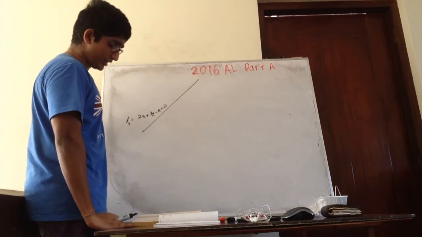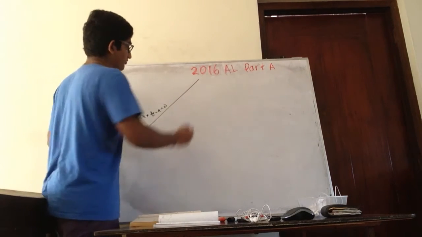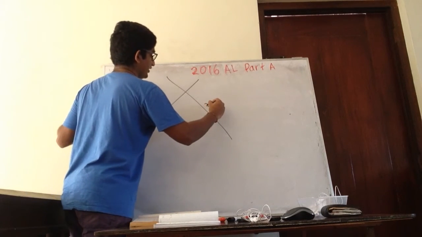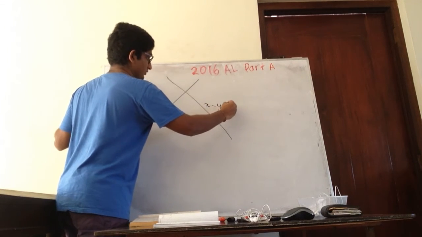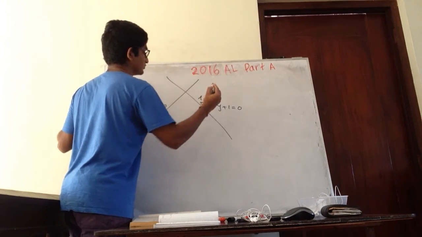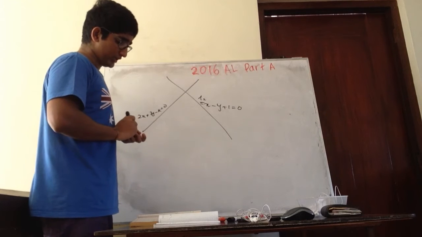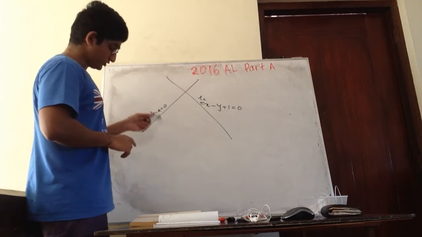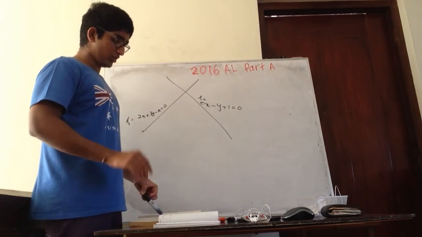Okay? Then x minus y plus 1 equals 0. I'm going to name this as L2. Right? Okay. Where k is not 0 is a constant. Find the equation of L.